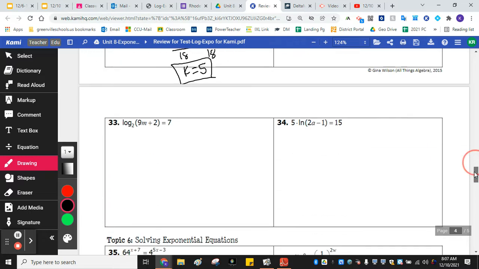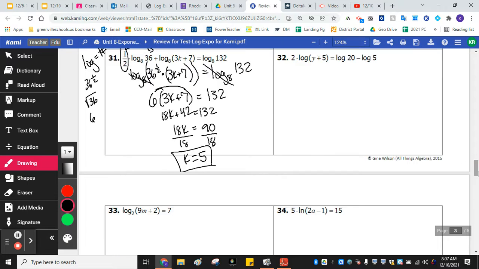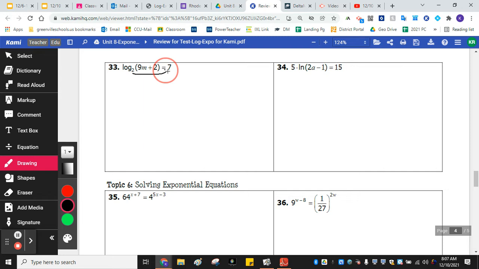Moving on. Simple distributing mistake. All right, if you have it as a log equals a number and not 2 logs on each side, then you have to write it in exponential form. So 2 to the 7th equals 9m plus 2. 2, 4, 8, 16, 32, 64. Subtract over your 2. Divide over by 9.